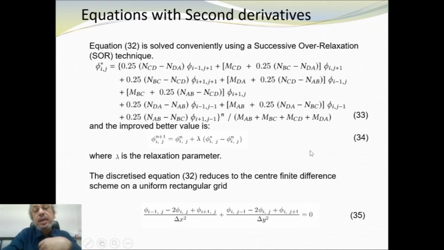So we can keep on iterating till we get a constant value, or the values of phi ij remain unchanged at every cell or every point. Then we have gotten the final solution.